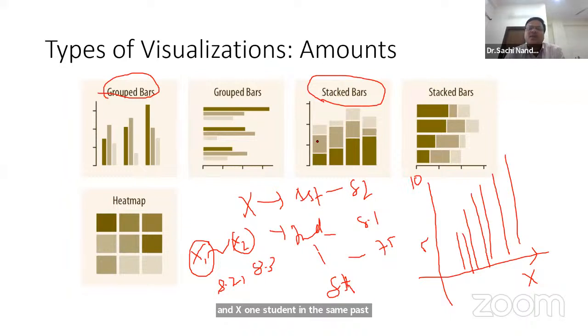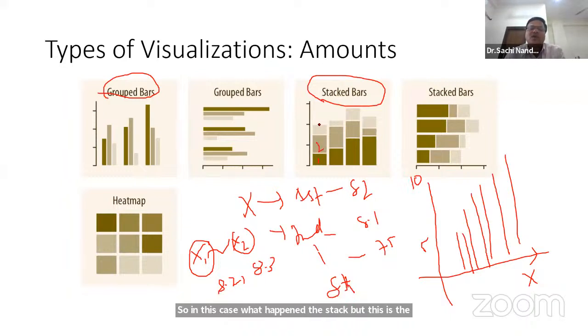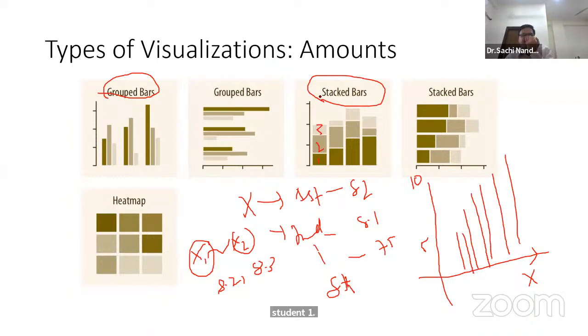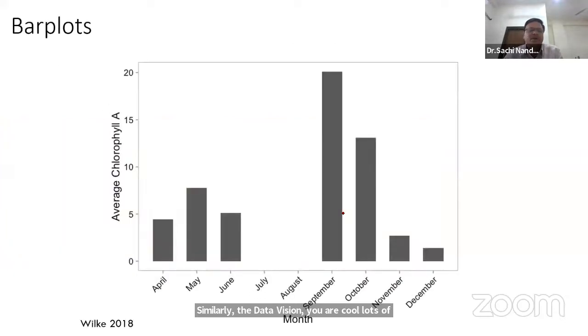So in this case, the stacked bar shows student 1, student 2, student 3, like that you can do. Similarly, the heat map, I already told you. Similarly, the data visualization tools also have different types of bar, parallel to the x-axis, parallel to the y-axis, and dotted also you can represent, right?